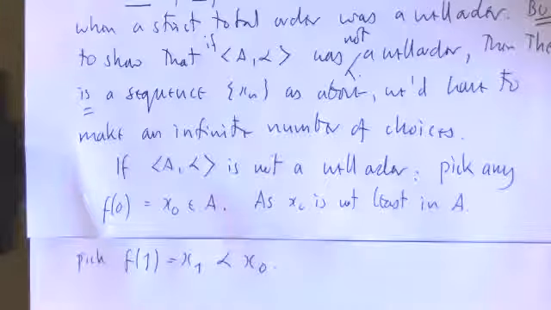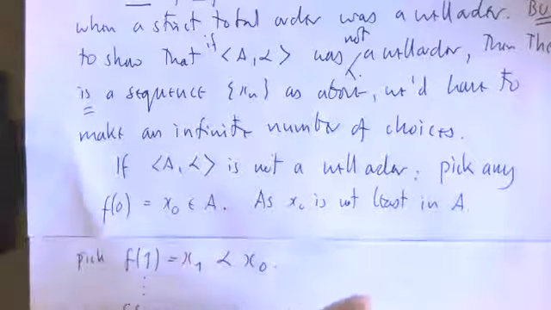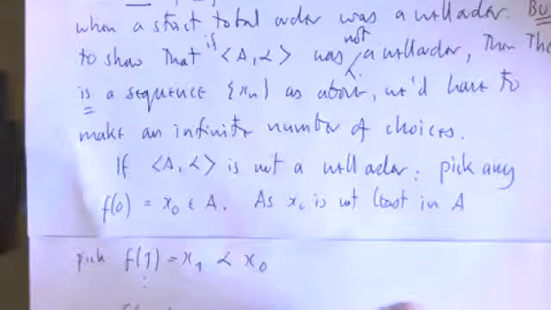I'd carry on like this. I pick f of n plus 1 as xn plus 1 coming below xn.